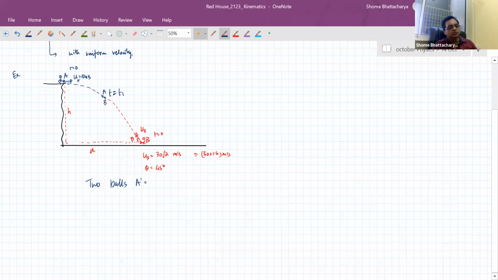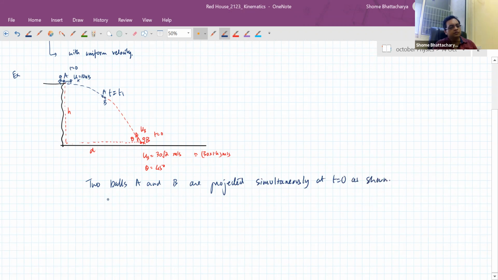So two objects A and B are projected simultaneously as shown in the diagram here.